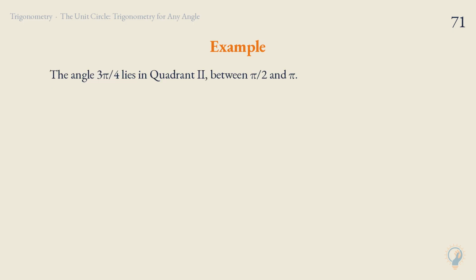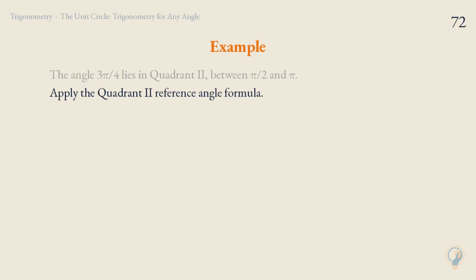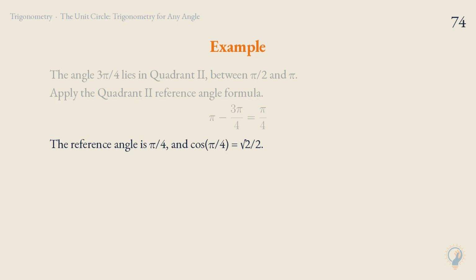The angle 3 pi over 4 lies in quadrant 2 between pi over 2 and pi. Apply the quadrant 2 reference angle formula. Pi minus 3 pi over 4 equals pi over 4. The reference angle is pi over 4, and the cosine of pi over 4 equals the square root of 2 over 2.